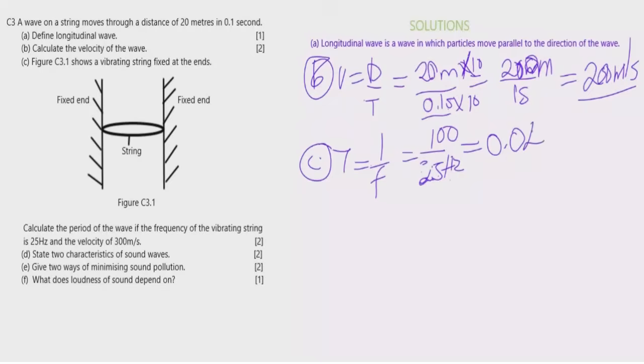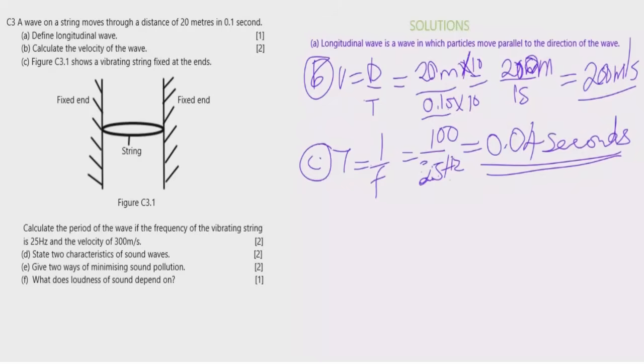It will go 4 times, which will be 0.004 seconds. Okay, so this is the period of the wave.